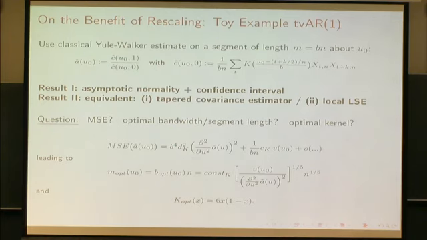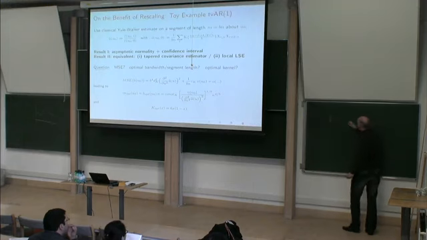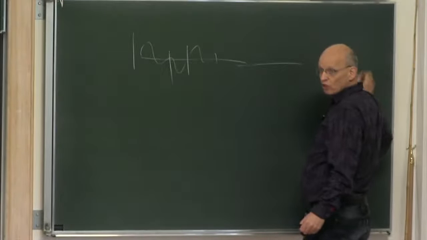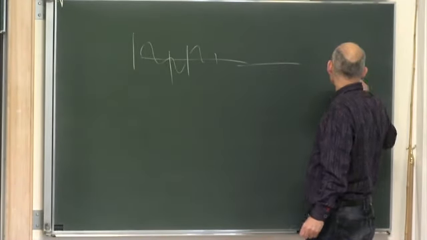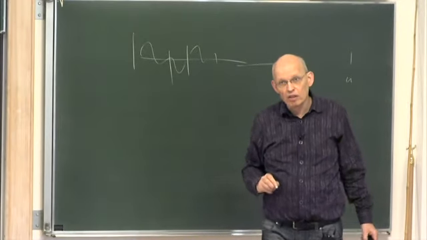We get this nice result, but then we want to translate it back. What is the optimal segment length? And it depends on n to the 4/5. And the point is, you have your process here, say, it goes like that. If you want to determine something locally here, it doesn't matter how long the stretch is at all. So basically, it should be completely independent of n, right?